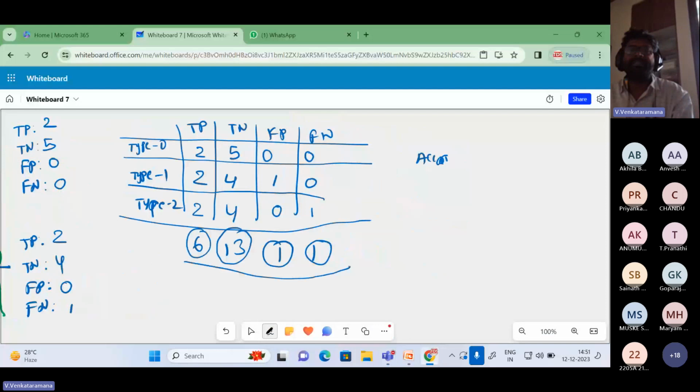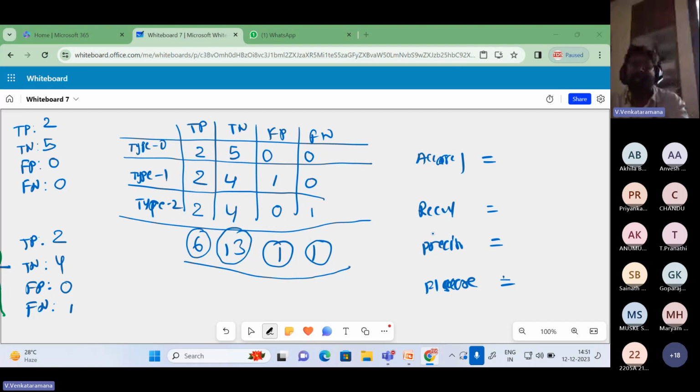Now, based on the formula which I stated earlier, anyone give the value for the accuracy, the value for the recall, the value for the precision, and also the value for the F1 score. Again, we are using the same formulas, but the process will be different. I'm expecting the accuracy value. Anyone, please? I will share the screen with you.